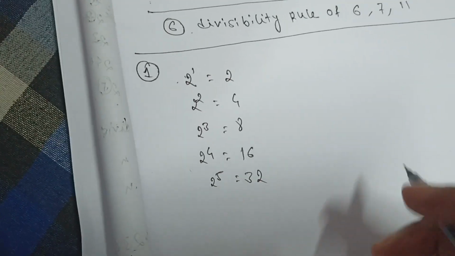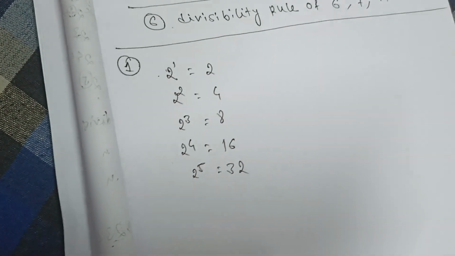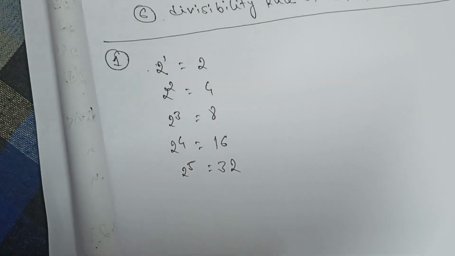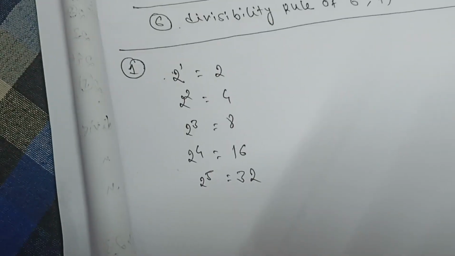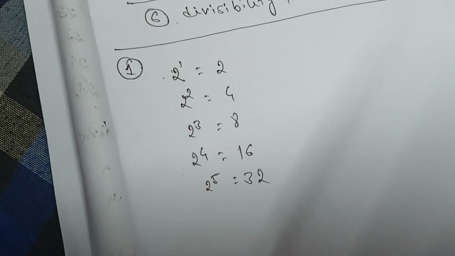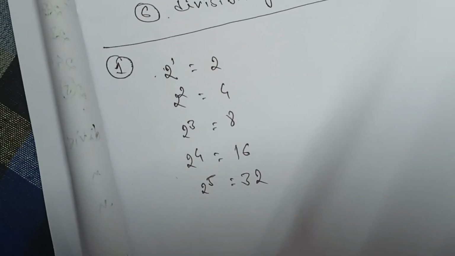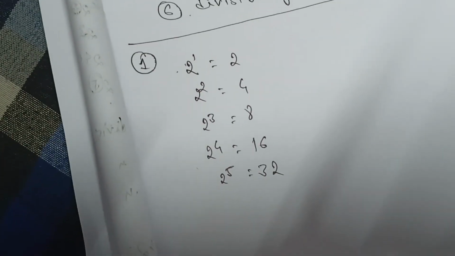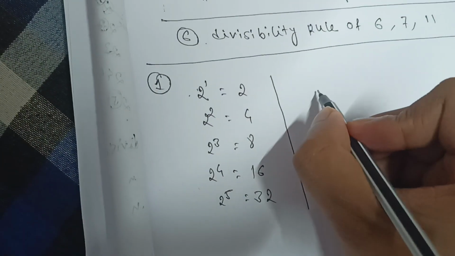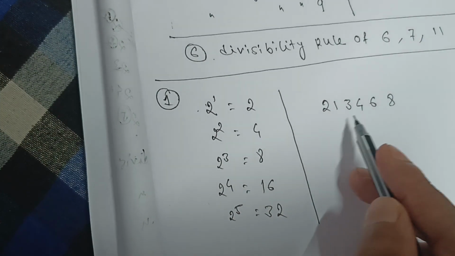We are all familiar with the divisibility rule of 2. What is the divisibility rule of 2? We know that if the unit digit is divisible by 2, then the total number will also be divisible by 2. Just taking one example, 213468.